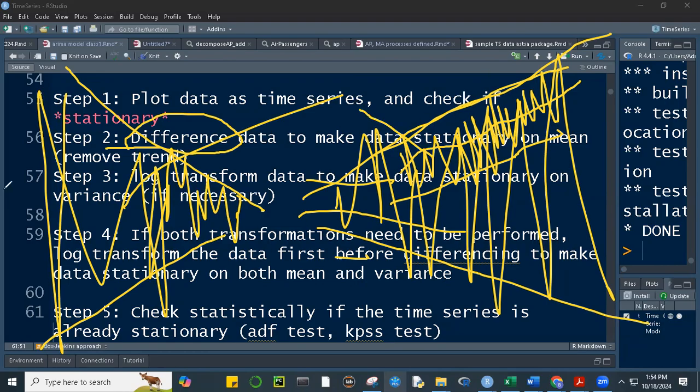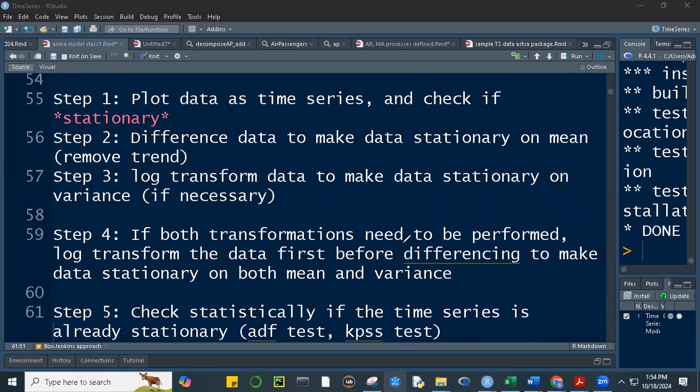One way to convert this into a stationary time series is to take the log transform. Whatever the value of your data is, you get the log of that, then it's possible that the non-constant variance will become constant. So you're going to use another data, class. It's log data.